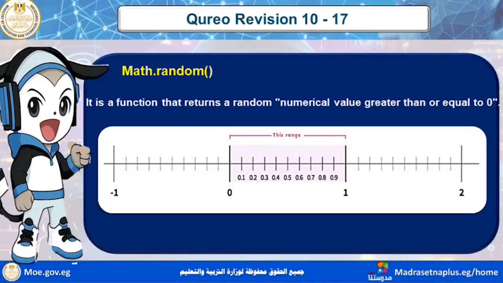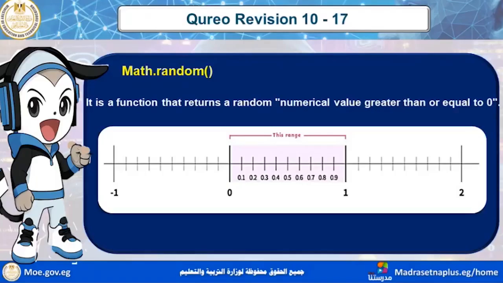We want to get a value between 0 and 1. This is an example of a random. So Math.random is a function that returns a random number. Each time it returns a different numerical value greater than or equal to 0.